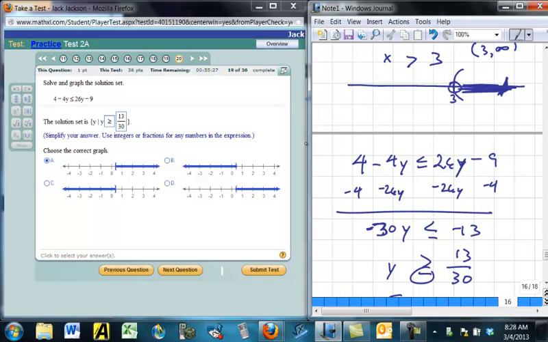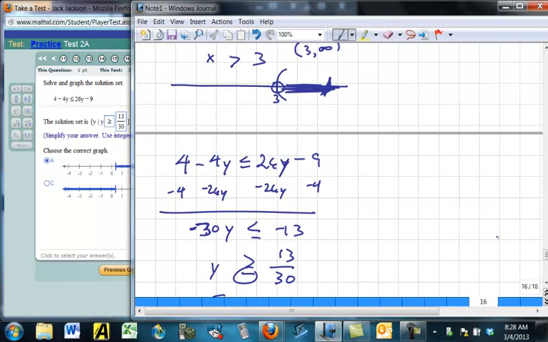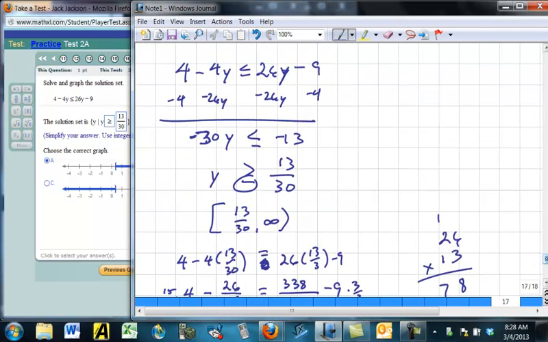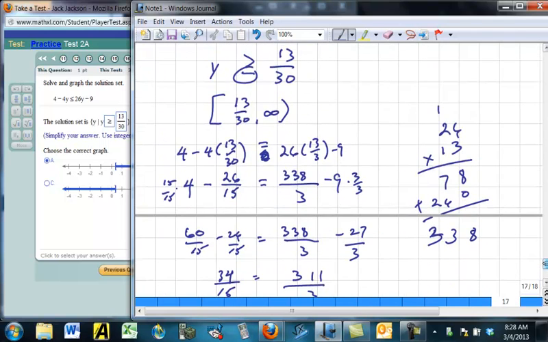And I add negative 4 to both sides. Negative 13. Okay, so that looks like that's right. Must be maybe in my check. I made a mistake. So let's go down here. 13/30. 2 is 26.